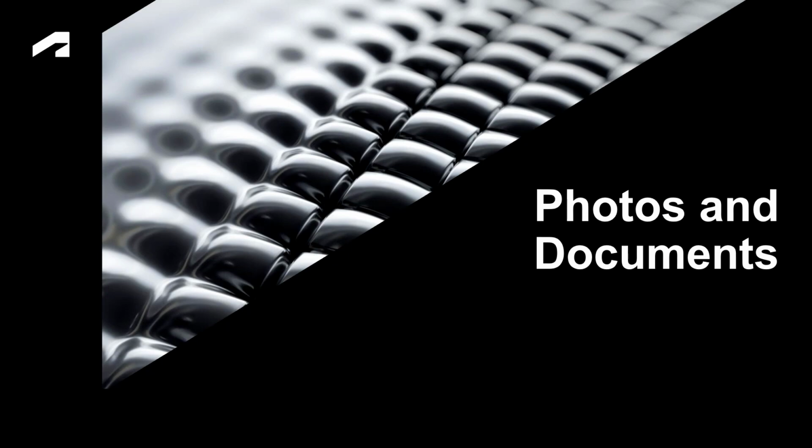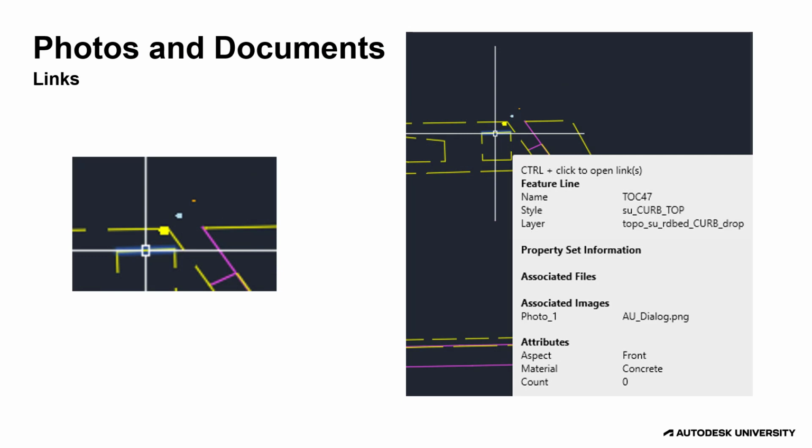So we want to add in those photos and documents. And so a user can either type it in or add that information. They can add in just the file name, or they can do a full path to the file. It's going to look at the file extension to determine if it is an image.